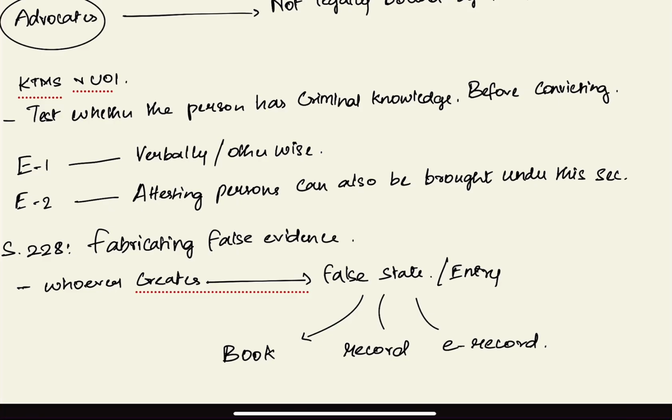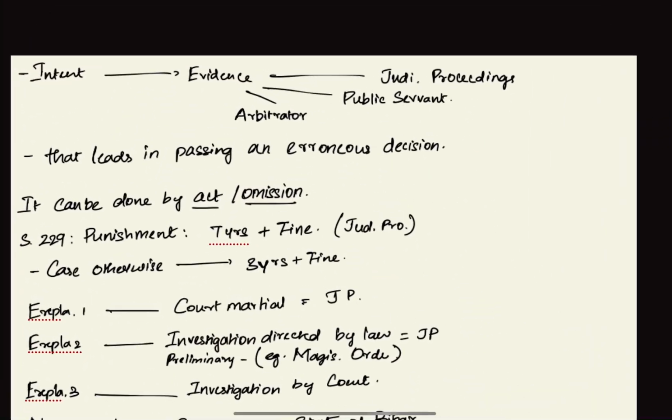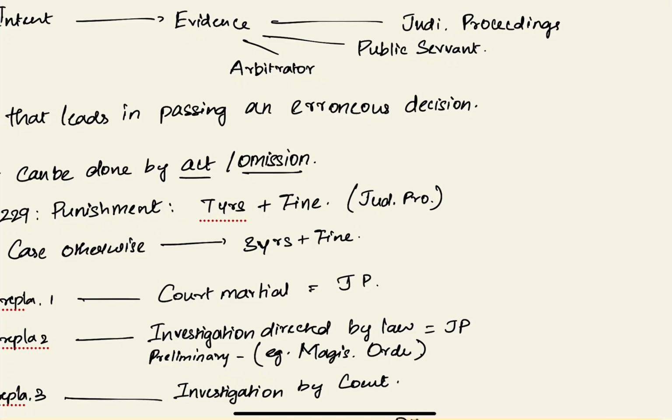So whoever creates any entry or makes false statements in books, records, or e-records, in such case, making such fabrications with intent that such evidence could be used for the purpose of judicial proceedings, or makes such things before any public servant or even arbitrator, which leads to passing an erroneous decision by the court in case of judicial proceedings.